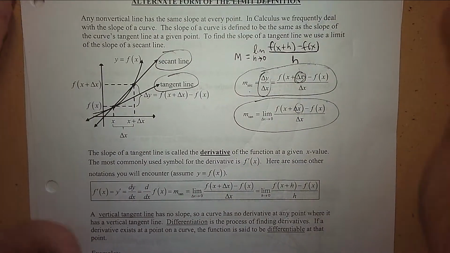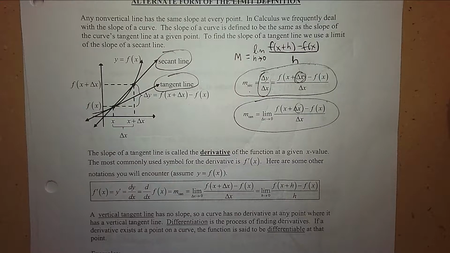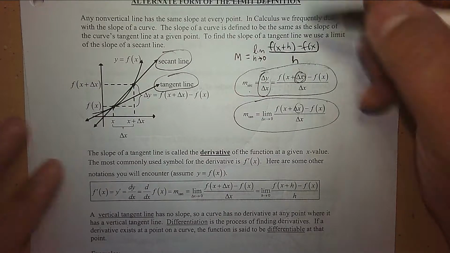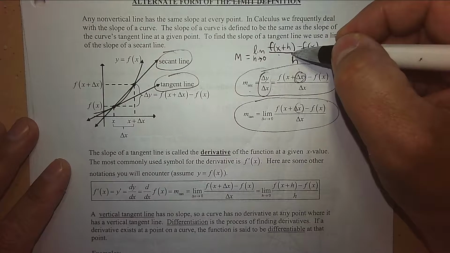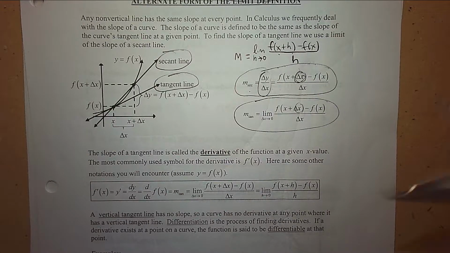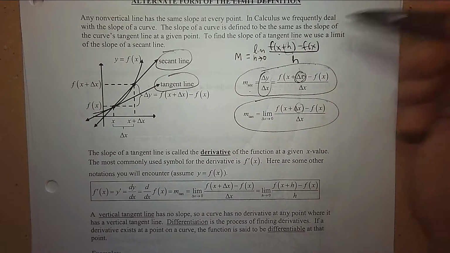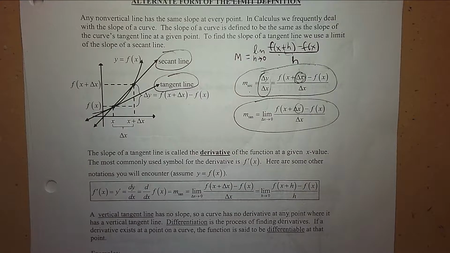h represents a second point somewhere along. So whatever number x is, you add a number to x, and now you have another point on your function. When you have 2 points, it's a secant line. When that h becomes closer and closer to 0, you no longer have 2 points, you now have 1 point, and that's what we want.